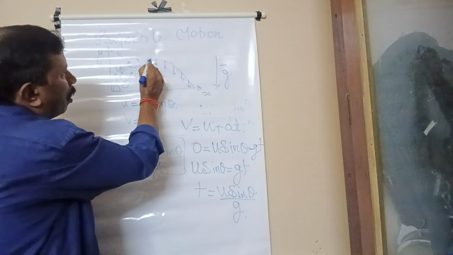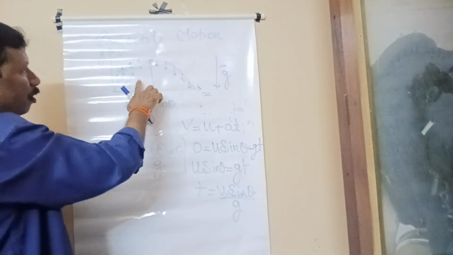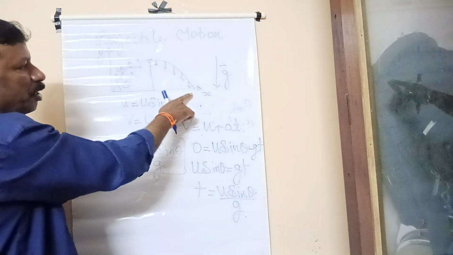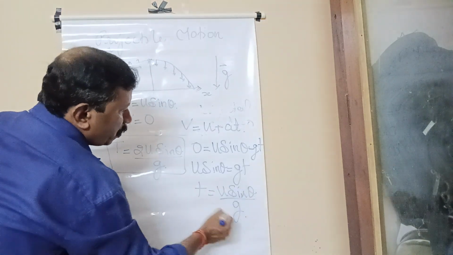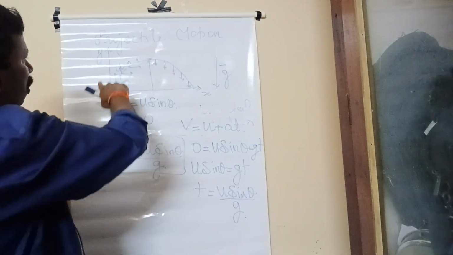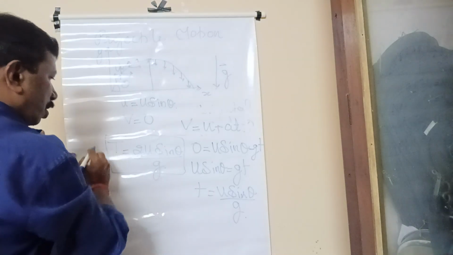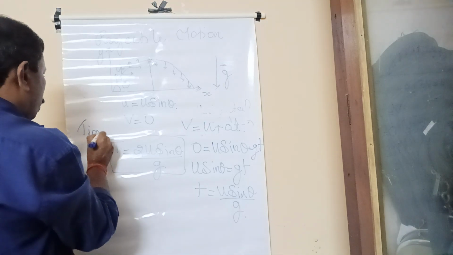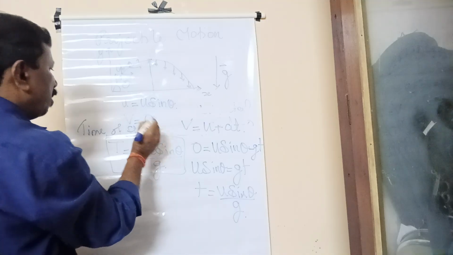The time taken to reach the maximum height and the time taken to fall from maximum height to the ground are the same. So the total time taken for the particle to reach the ground is called the time of flight.